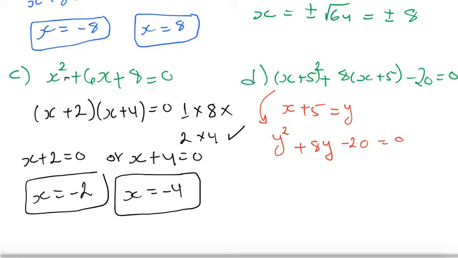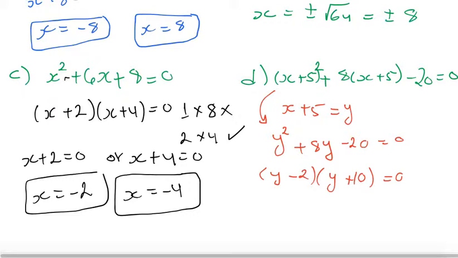So you can rewrite the answer like this: y plus 2, y minus 10 equals to 0. Oh, oops, I made a mistake. So I'm going to go ahead and get my eraser. Not like that. So it should be y minus 2 and y plus 10, because 10 minus 2 is positive 8.